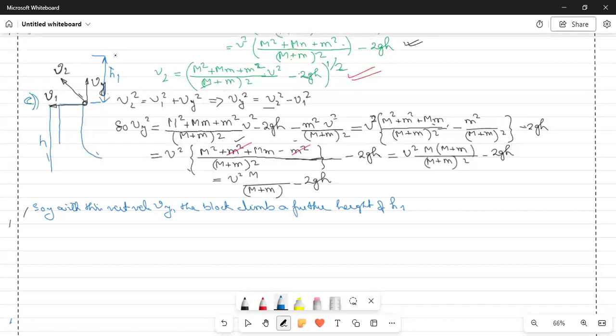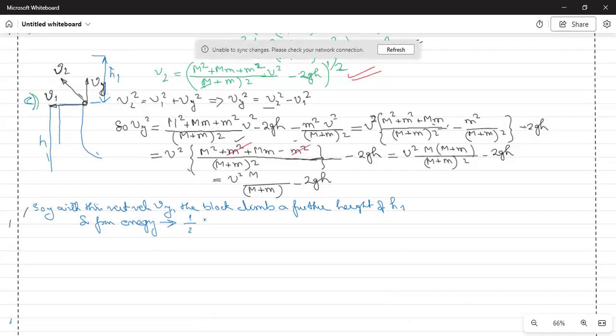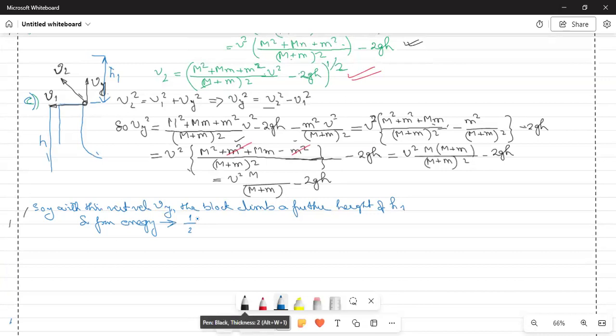If it rises a further height of h1, then from conservation of energy, when it started flying, its energy was half m vy square.